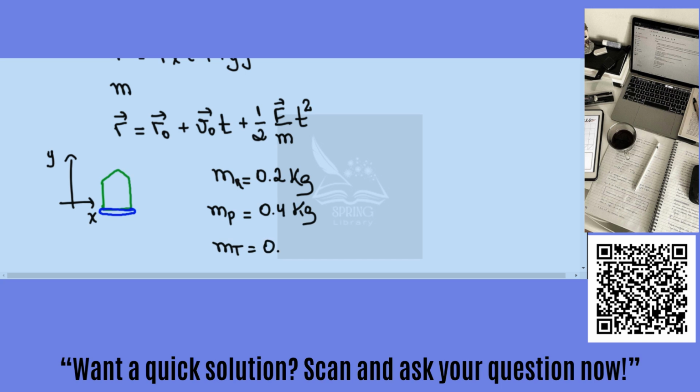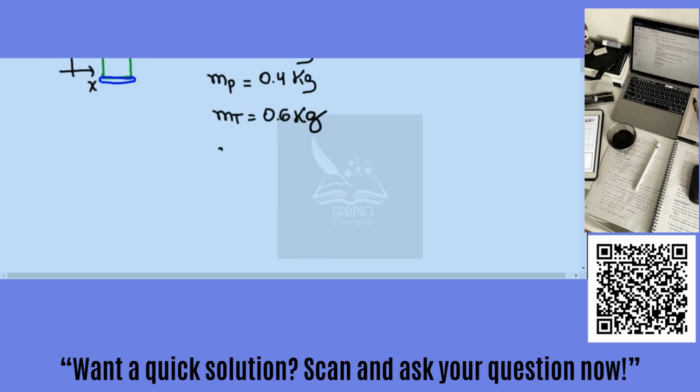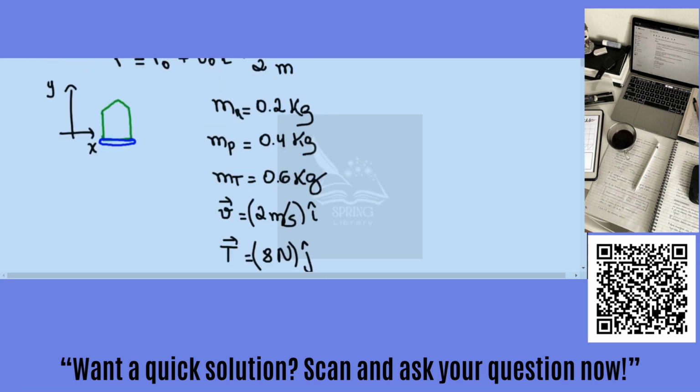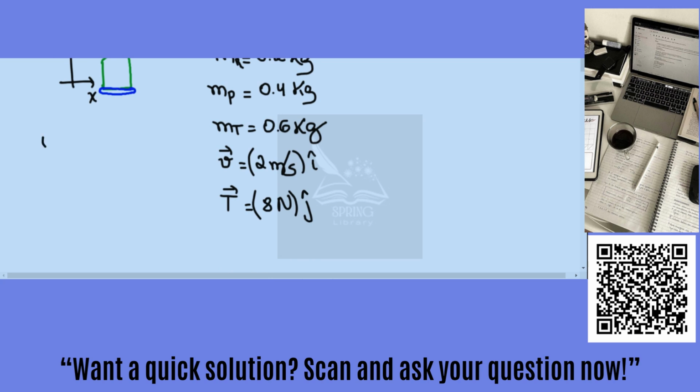So the total mass of the system is 0.6 kilograms. The initial velocity given to the system is equal to 2 meters per second in the x direction, and the rocket generates a thrust that is equal to 8 newtons in the j direction. And our goal is to find an expression for the curve y of x, and then plot it, sketch it.